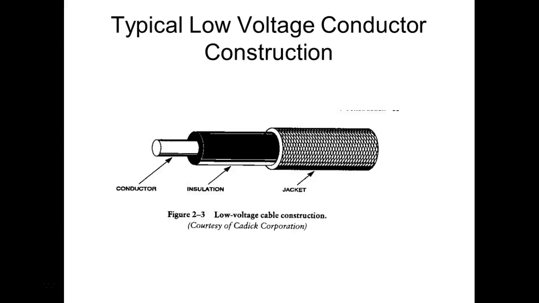You understand that? What's the function of the jacket? Protect the conductor from the environment. The insulator and the jacket can be one unit. But when we get into cables, they're definitely going to have a jacket on.